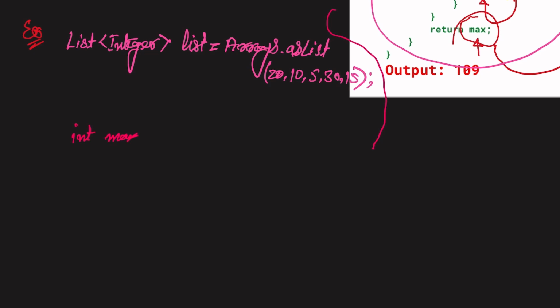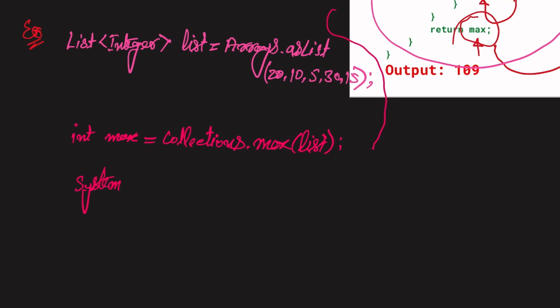int max is equal to Collections.max of the list, and after that you can use println to print the output on the console.